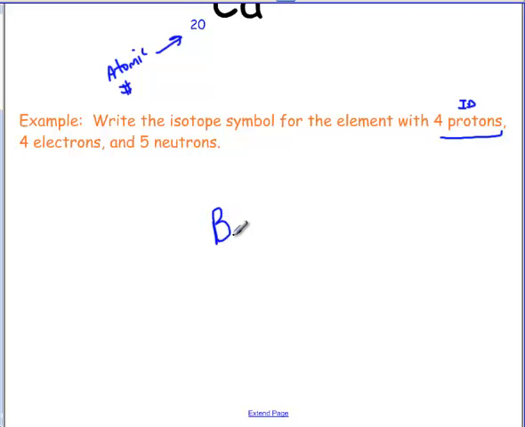So I write the symbol here. Its atomic number is 4. And then I add up the protons and the neutrons. I circled those backwards, but the protons plus the neutrons gives me the mass number. And so that's how I would write the isotope symbol for beryllium. And if I wanted to write out the isotope name, it would be beryllium-9, its mass number.